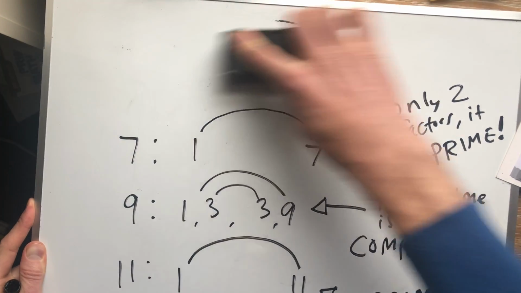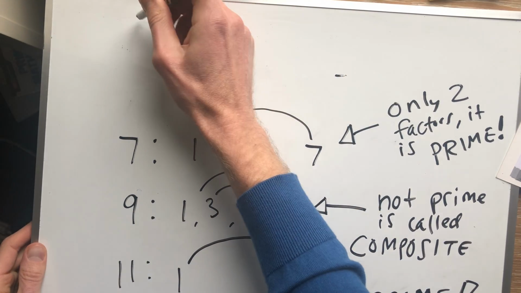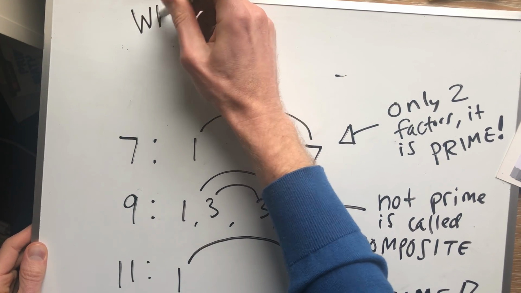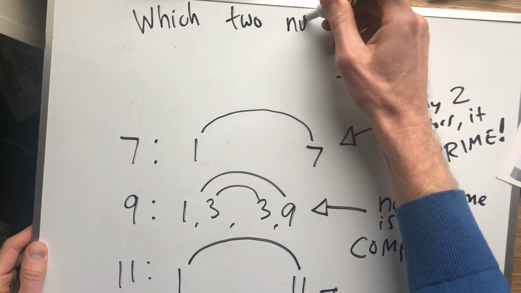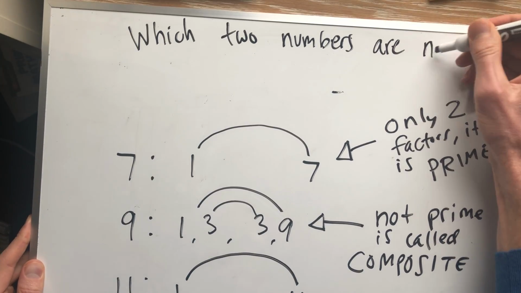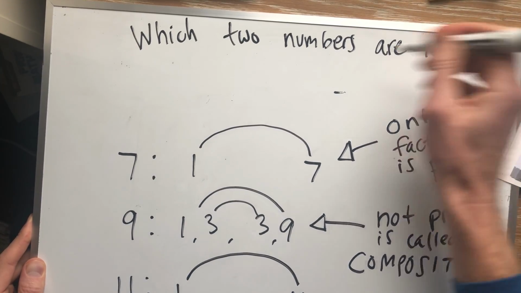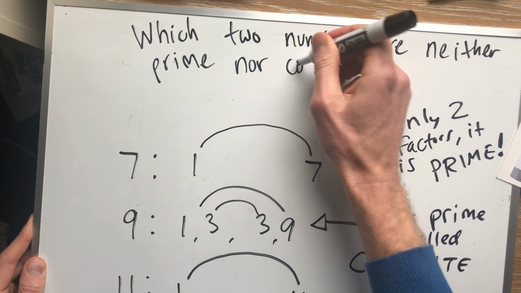So here's something else that I want you to think about. There are 2 numbers that are not prime or composite. Does anybody think they know what they are? Which 2 numbers are neither prime nor composite?